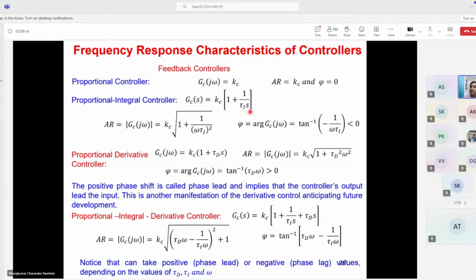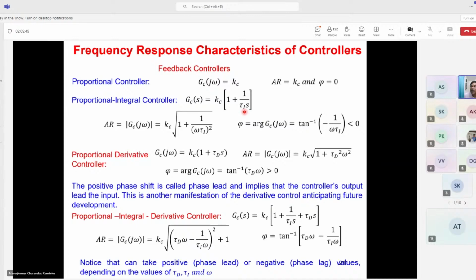So what are we going to get? 1 minus j into omega divided by, in the denominator, we are going to get the term omega tau I directly.